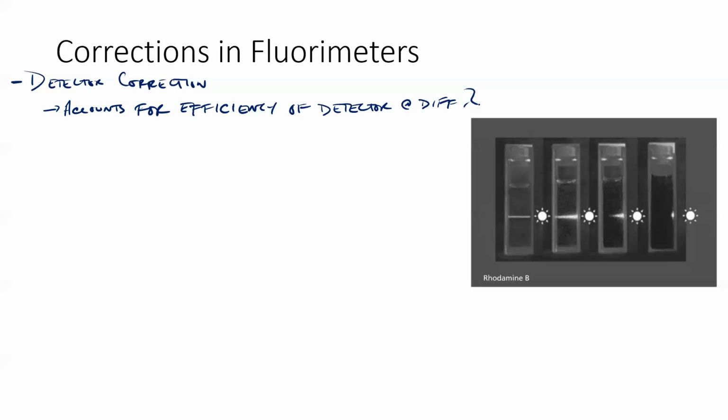Remember, work function is the energy required to get an electron off of a piece of metal when a photon hits it, right? And if we're looking at a very wide range of wavelengths, that metal may have different work functions for different wavelengths, and so you have to take that into account. Again, software usually corrects for this, but we don't need to worry about this in UV-Vis because we have an abundance of photons. We're sure that we're going to detect something.